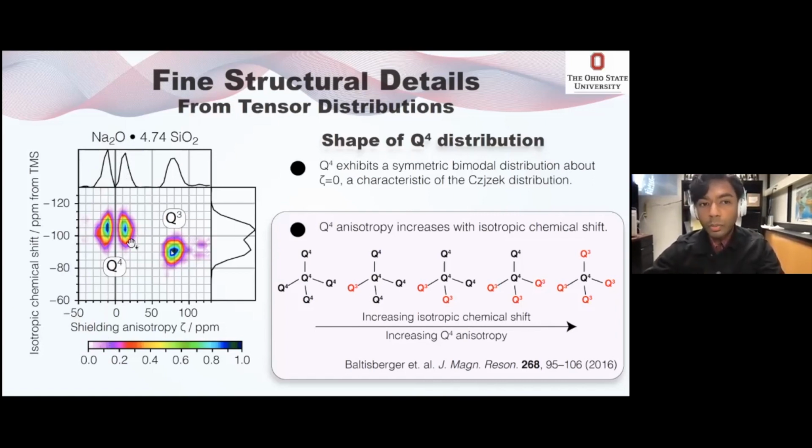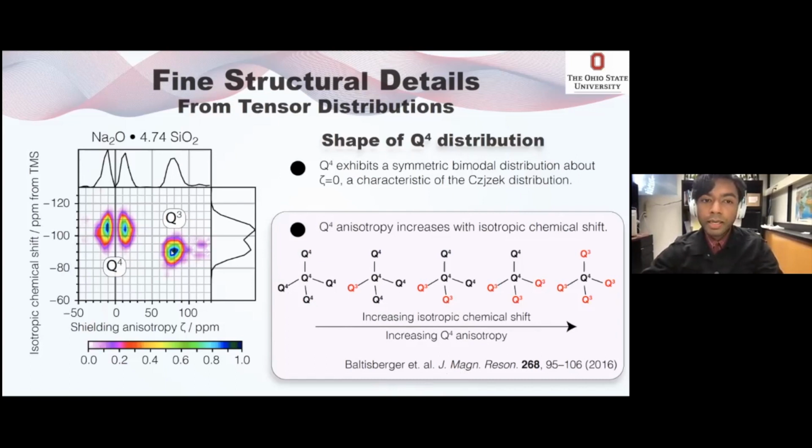So what we see here is the anisotropy actually increases as you increase the chemical shift, which is something that was already reported in the original paper by Baltisberger, and it's attributed to the fact that there are Q4s that are surrounded by all Q4s, and that there are Q4s that are surrounded by Q3s. So as you increase the isotropic chemical shift, you also increase the anisotropy because the Q3s are more susceptible to disorder.